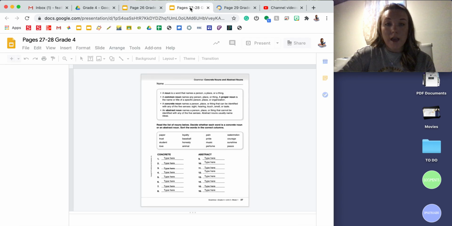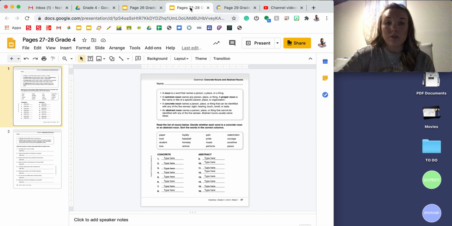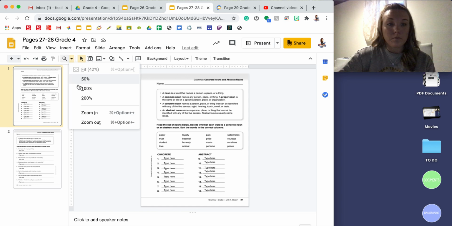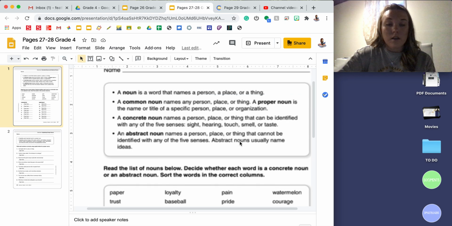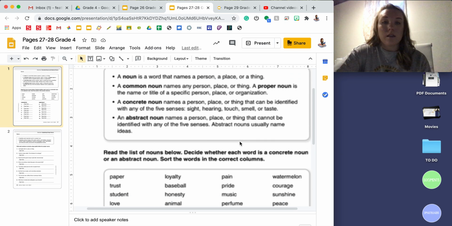On Tuesday, you will be assigned pages 27 and 28. Page 27, at the top, it says that a noun is a word that is a person, place, or thing. A common noun is any person, place, or thing. A proper noun is the name or title of a specific person, place, or organization.